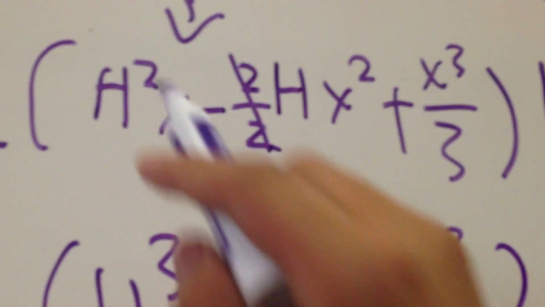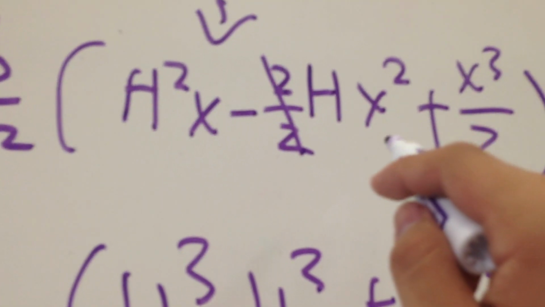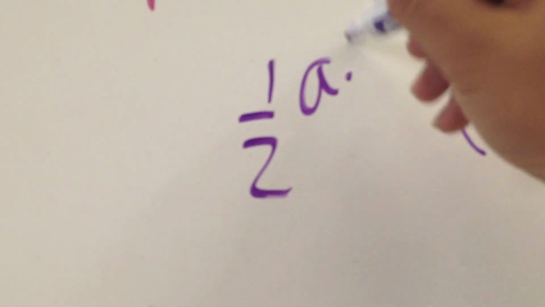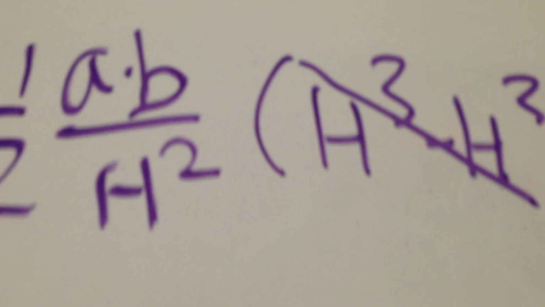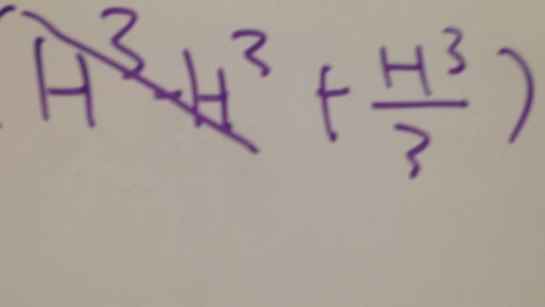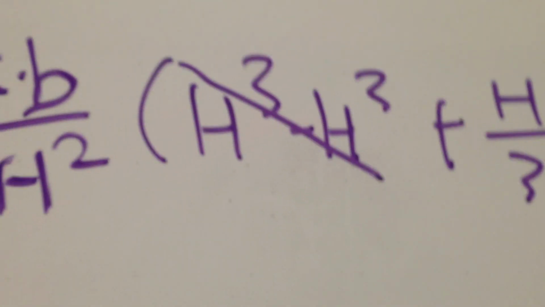Plug in h for x, h squared for x squared. So this cancels out, we move down the constants, a times b over h squared. And that's just gonna be a times b over h squared times h to the third over 3.